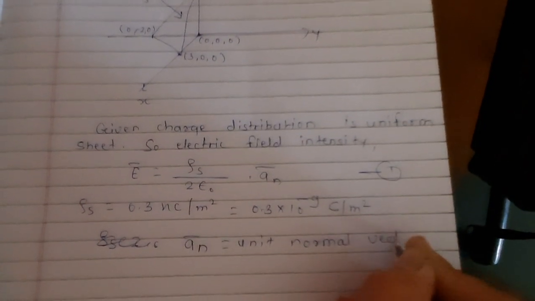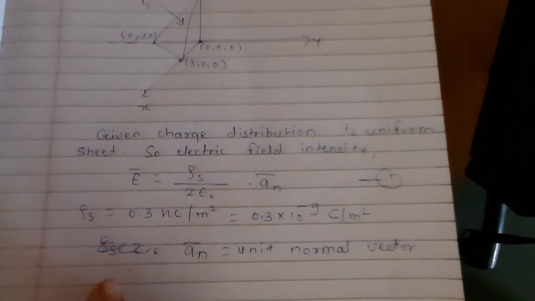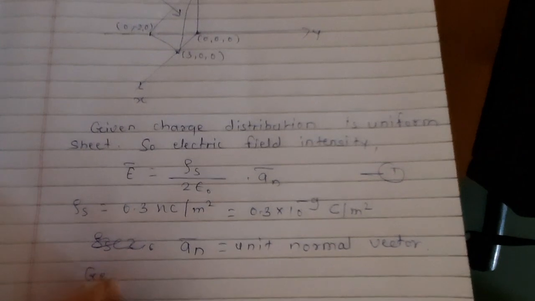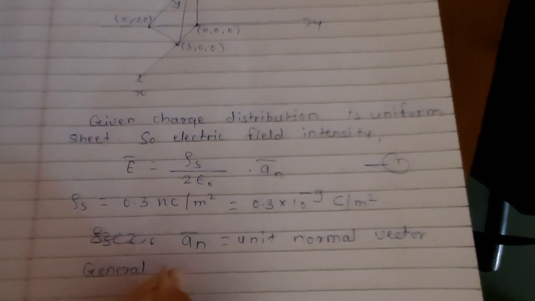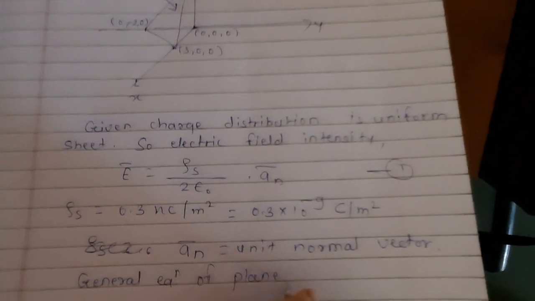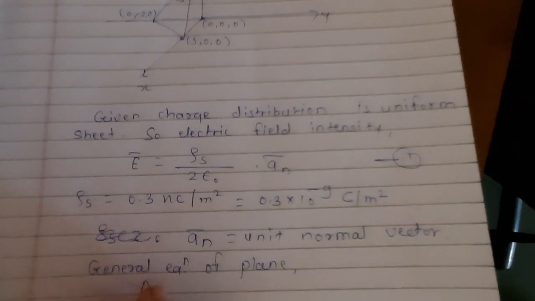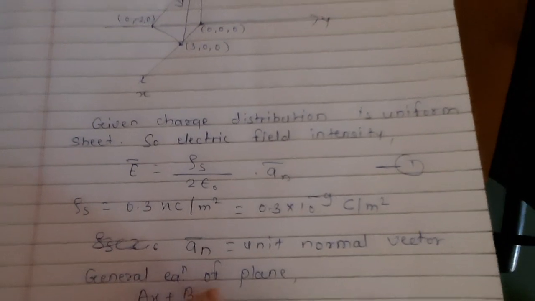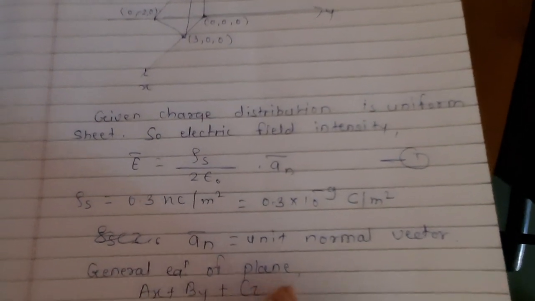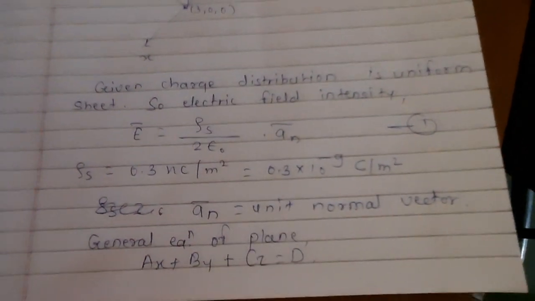So the general equation of a plane is ax plus by plus cz is equal to d.